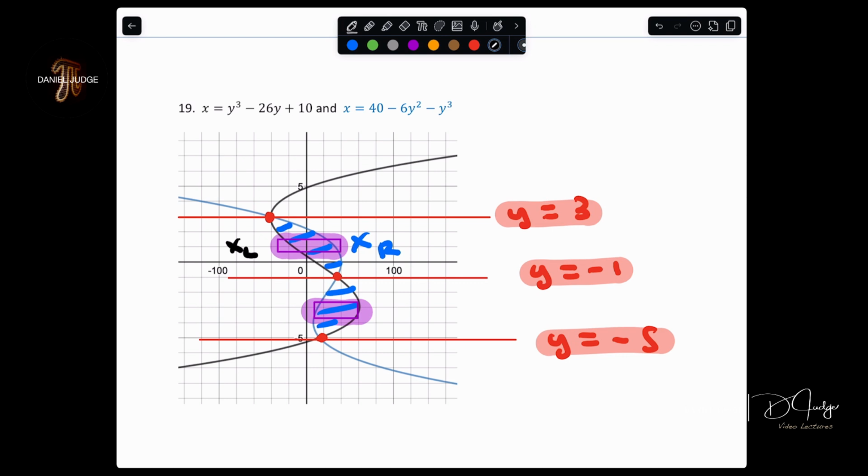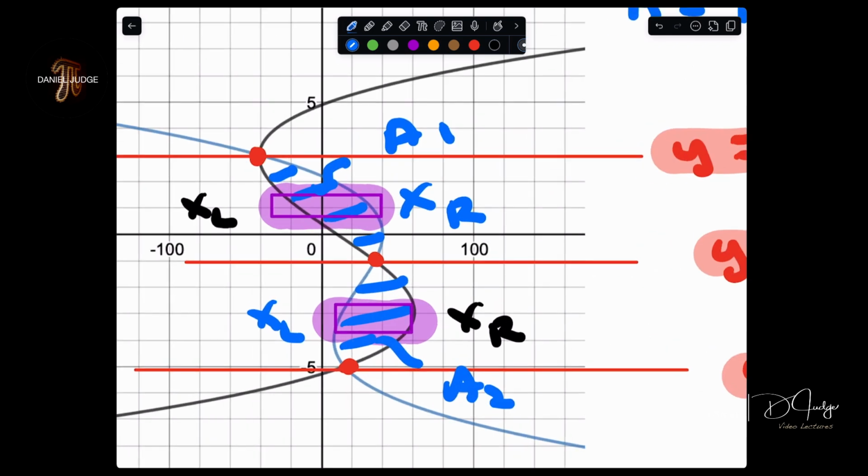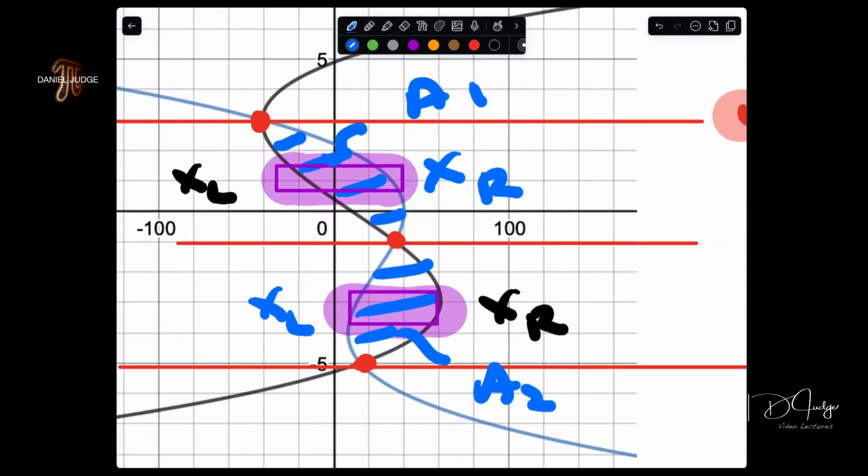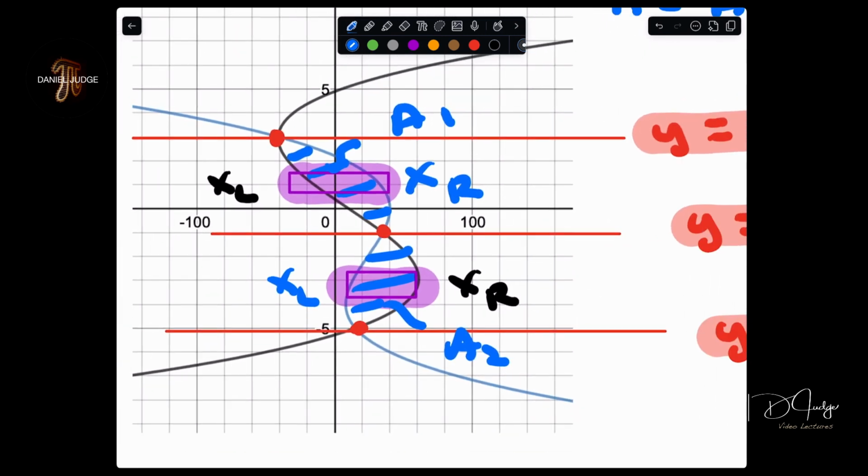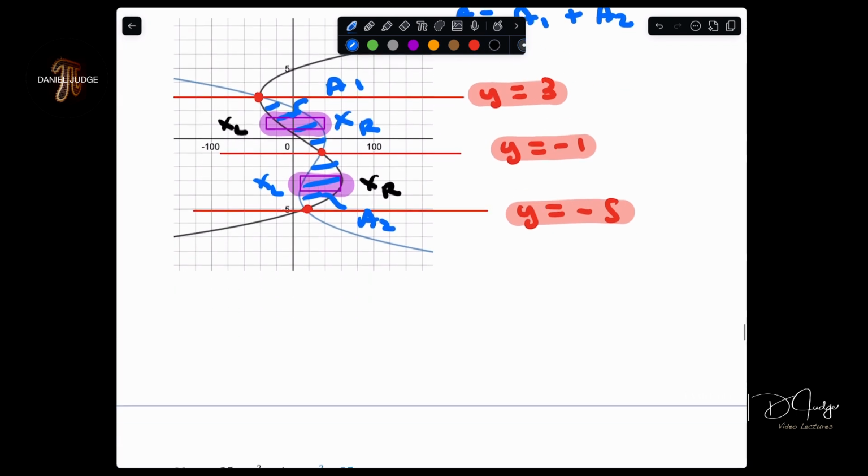And then here, the black curve is XR, and the blue curve is XL. So the area is going to be A1 plus A2, where this is A1 and this is A2. Those curves are intertwining in these pictures. So you got 2 areas to find. Let's set this up and write this down.